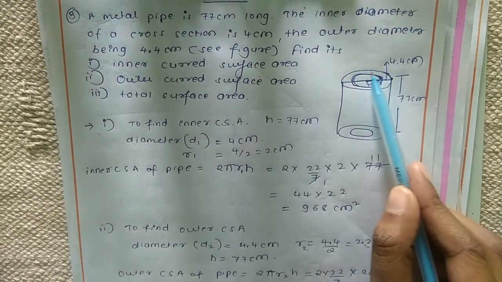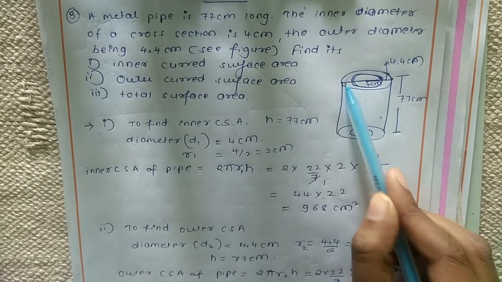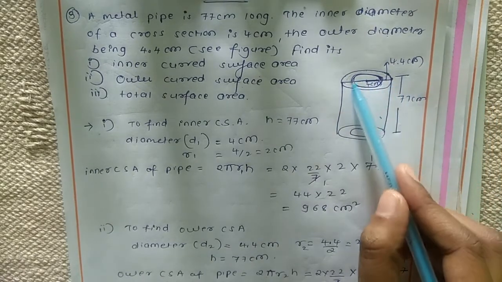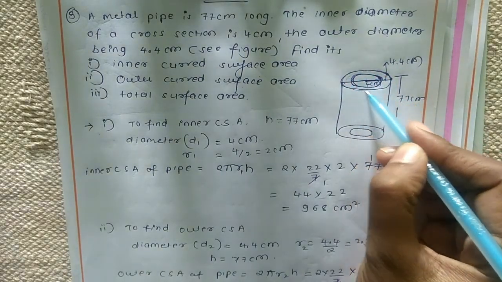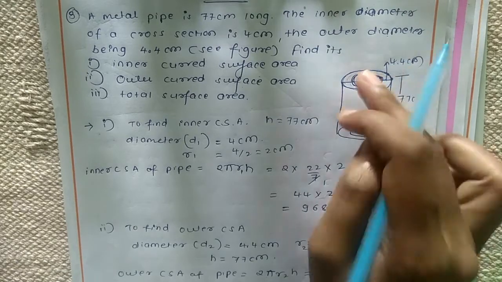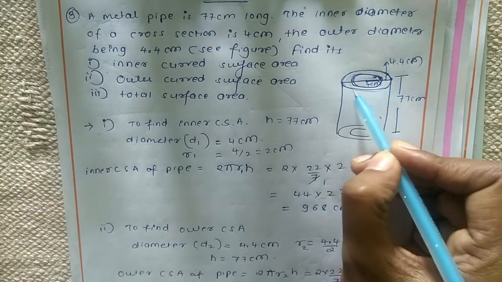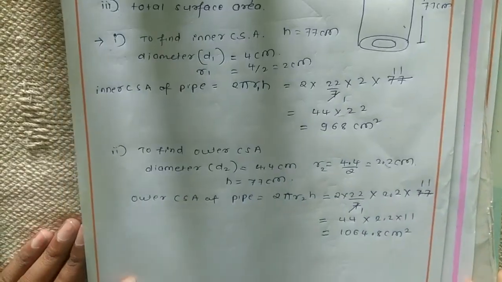So you have to include this ring, which is formed by the inner circle and outer circle. But we don't have a direct formula for finding the area of this ring. But from the area of the outer circle minus the area of the inner circle, this gap we don't want, so we can get the area of the required ring. So area of top and base, both rings we need here.